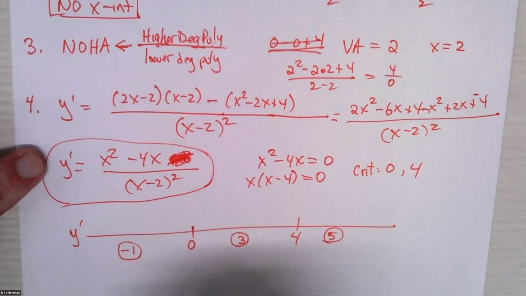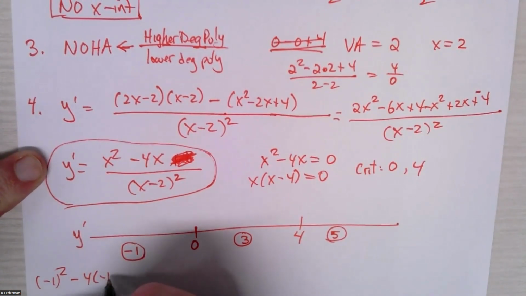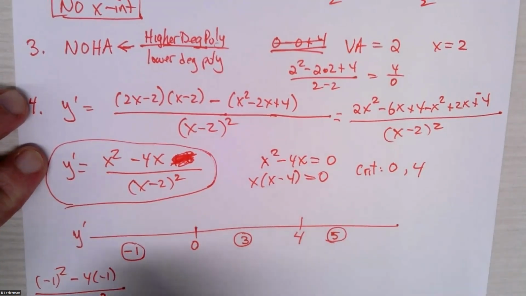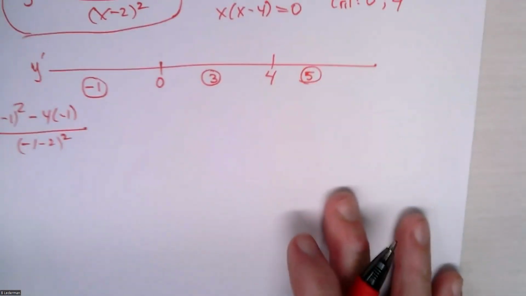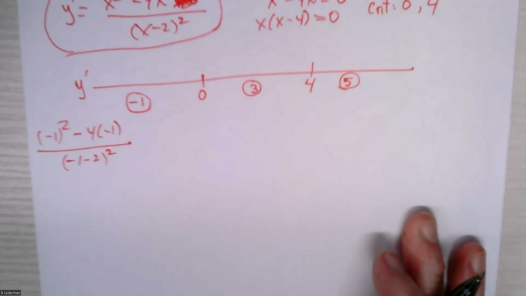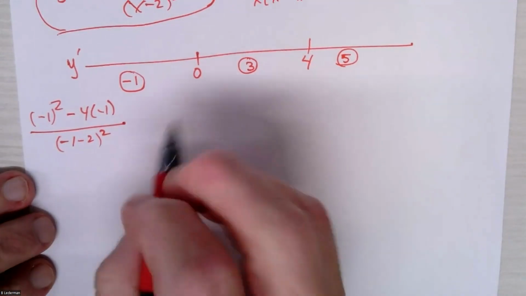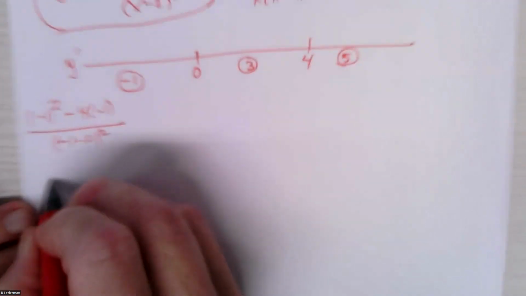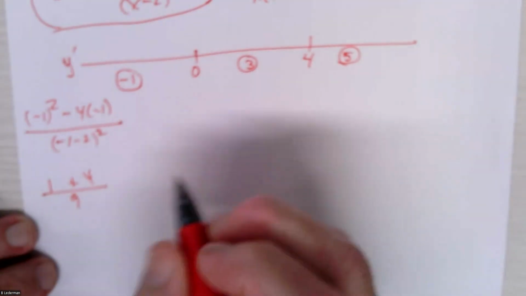Okay, so we're going to plug into y prime. Negative 1 squared minus 4 times negative 1 over negative 1 minus 2 squared, and that's equal to 1 plus 4 over 9, which is positive.